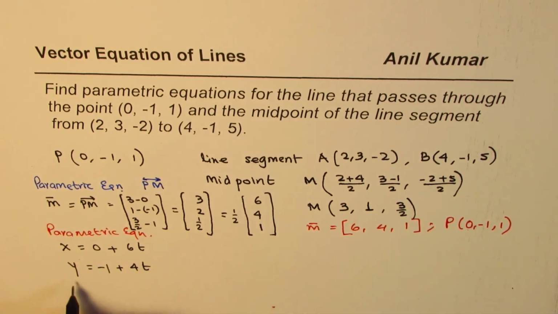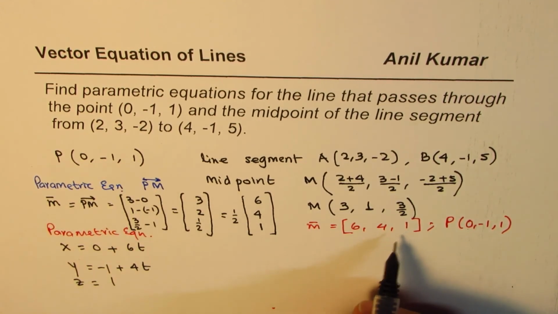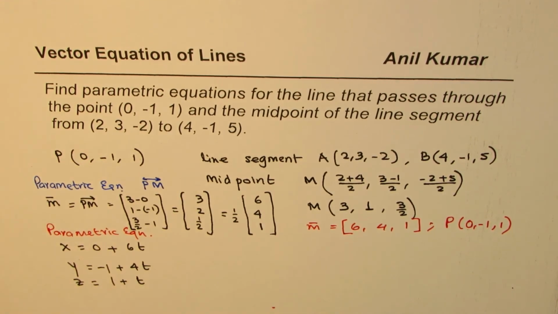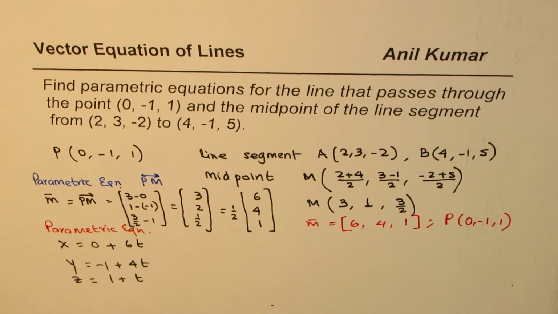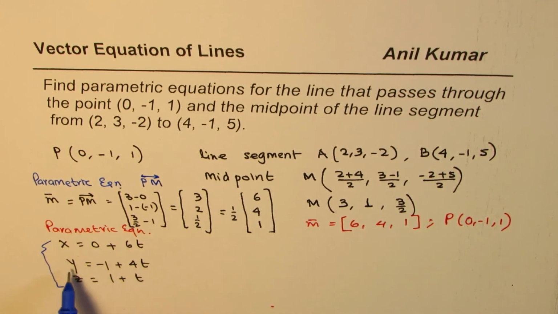As far as the z value is concerned, it is 1, and the direction is 1, so plus t. So that becomes the answer. The parametric equations are the set of these three: x equals 6t, y equals -1 plus 4t, z equals 1 plus t.